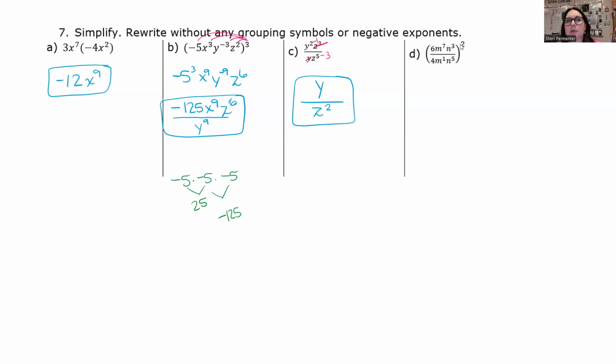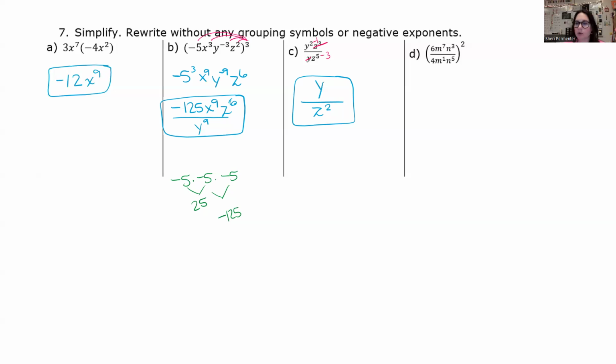So the next problem, you've got choices. You can either distribute in the 2 and then simplify it. But I think it's a little easier if you simplify first and then distribute in the 2. So to simplify first, what is 6/4?